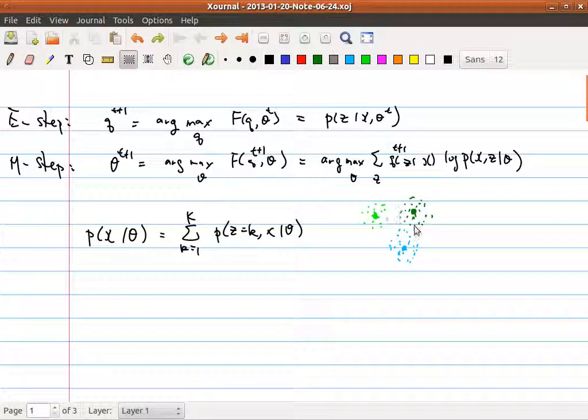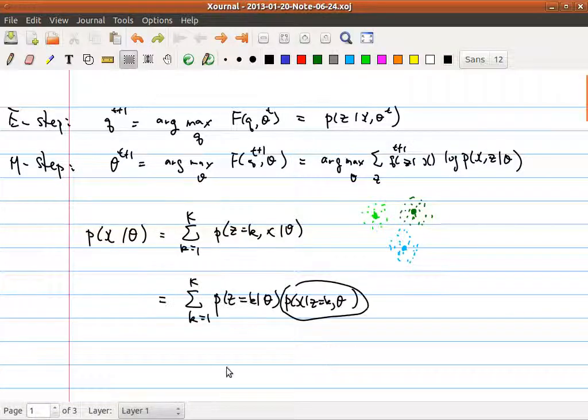I have 3 different clusters, 3 different distributions in this example. Then I can expand this p(x given theta) as p(z given theta) and p(x given z, theta). The first term is just a prior probability, the probability that a sample is drawn from one of the distributions.